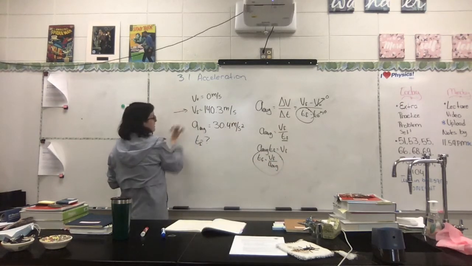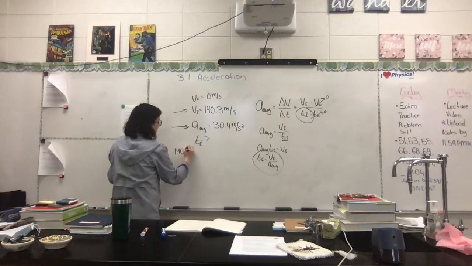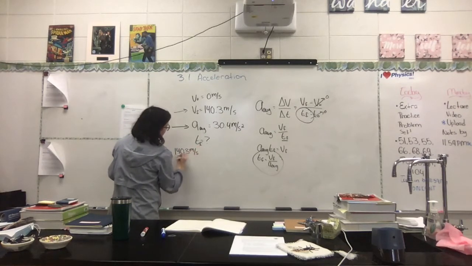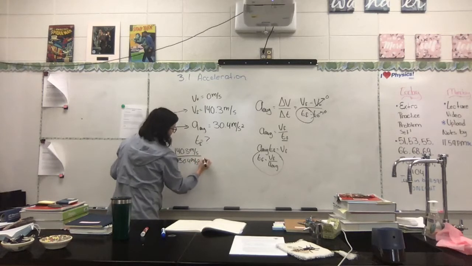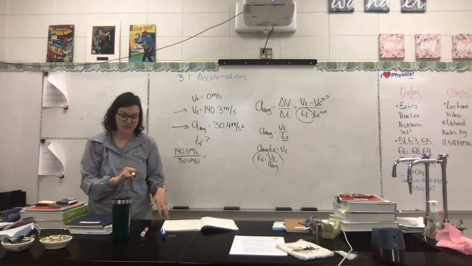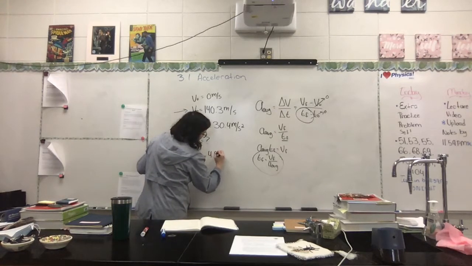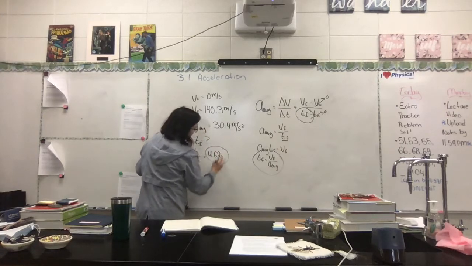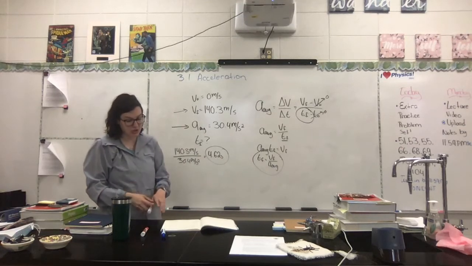Thankfully, we have the final velocity and we have our average acceleration, so we can plug them in. We're going to have 140.3 meters per second divided by 30.4 meters per second squared. Now plug that into your calculator. What do you get? I hope that you got 4.62 seconds as your winning time.